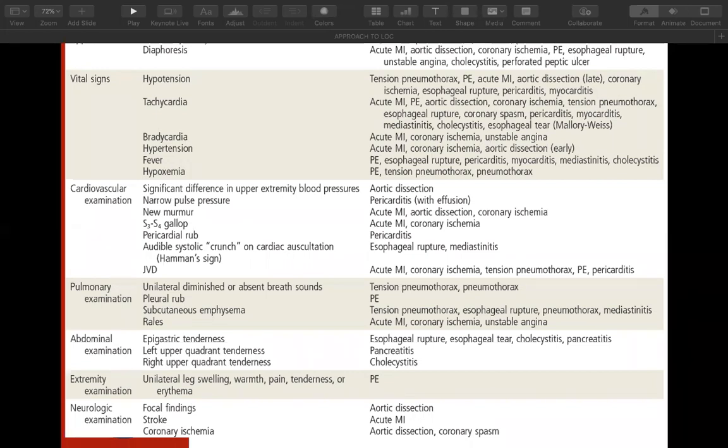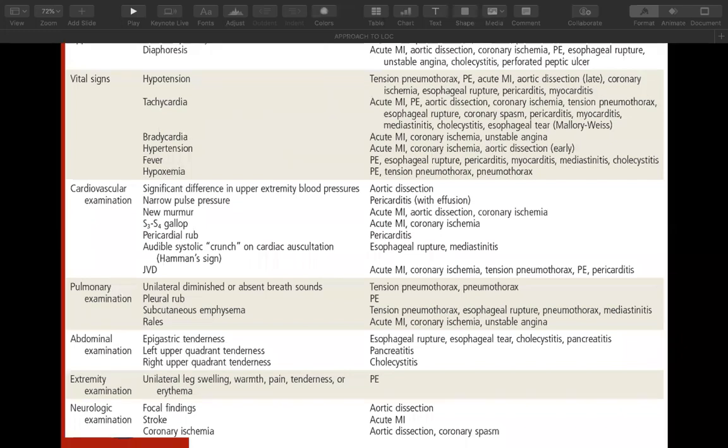For example, when you do your physical examination of the patient, the appearance could be acute respiratory distress. You can think of tension pneumothorax or acute MI.